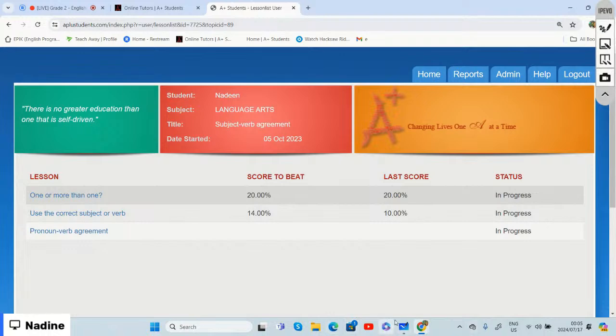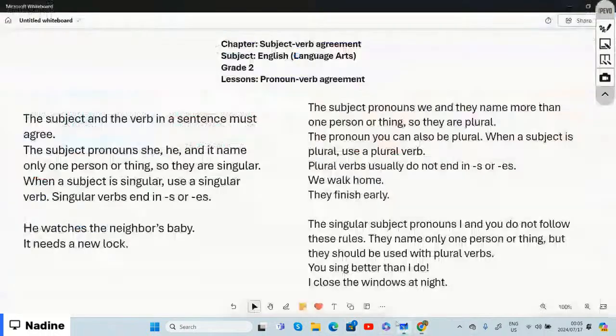All right, so our chapter is subject verb agreement. Our subject is English, grade 2. And the lesson that we are going to be focusing on today is pronoun verb agreement.